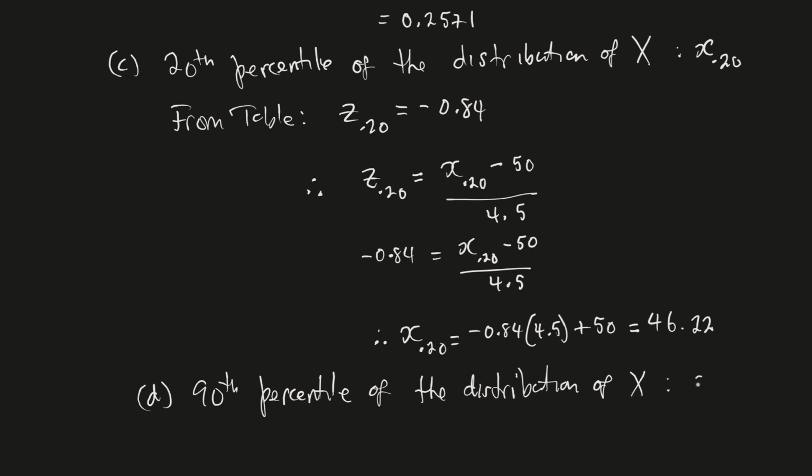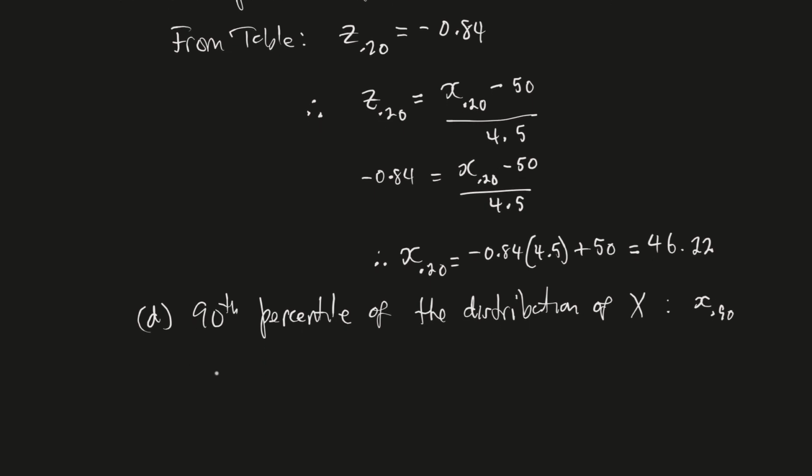In other words, I want to know what specific x value has 90% of the distribution to the left of it, but only 10% to the right of it. So we're going to start from our table and get our z sub 0.9. Right, so from our table, we have z sub 0.9.